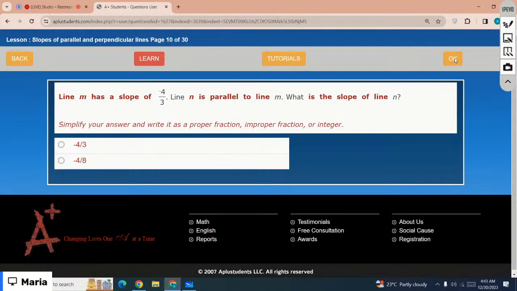The correct option is, because they are parallel, they must have exactly same slopes. Option number 1 is the correct option, right?